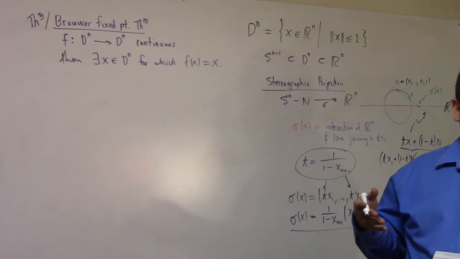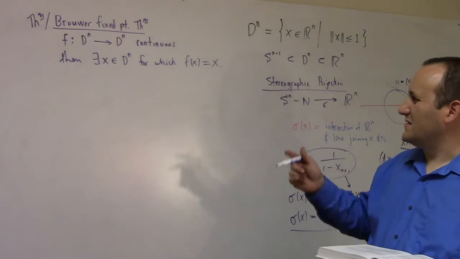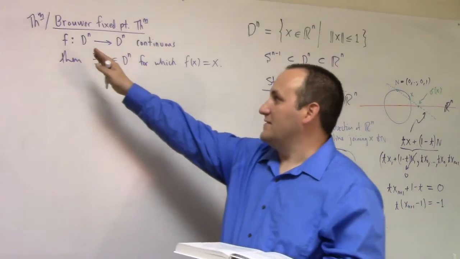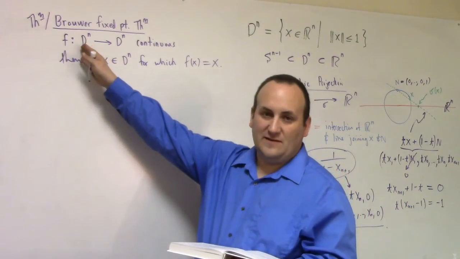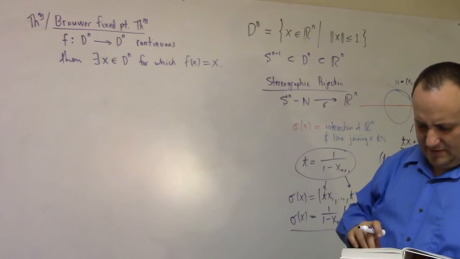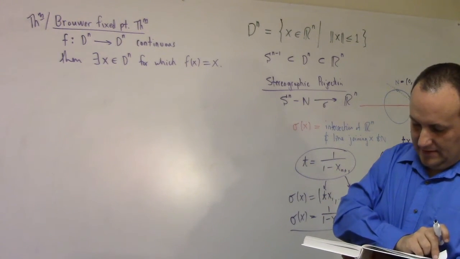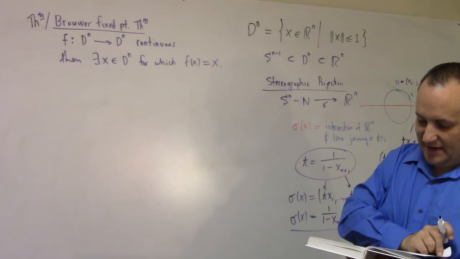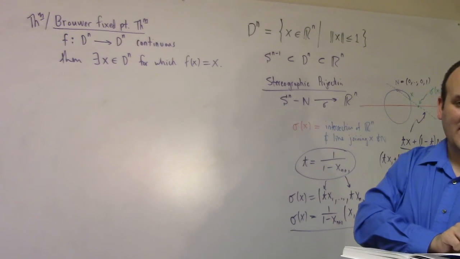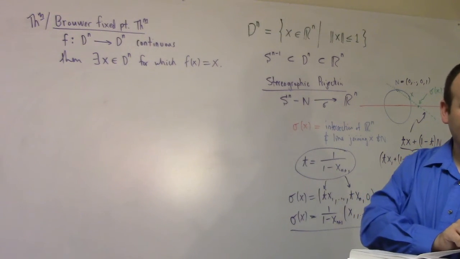You need a sufficient infinite dimensional cousin of the n-disk for which the theorem still holds: a continuous mapping from a compact convex subset of a Banach space to itself has a fixed point.